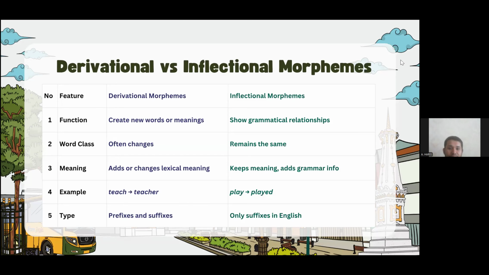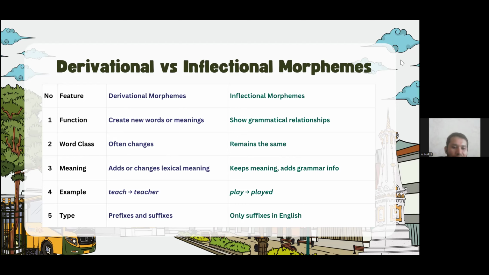The next. Okay, guys, there is a table about derivational versus inflectional morphemes. It combines the two forms. You can look, there are 5 features: function, word class, meaning. The first, function: derivational creates new words or meaning, but in inflectional morphemes, it shows grammatical relationship. Okay, the second, word class. In derivational morphemes, it often changes, but in inflectional morphemes, it remains the same. And the third, meaning.